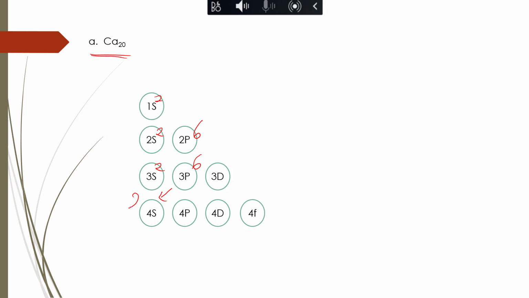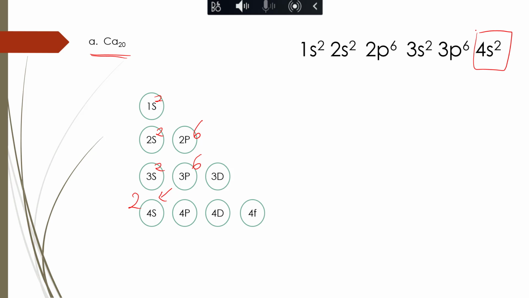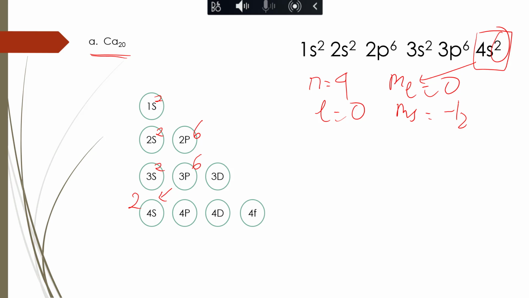Remember the arrow, it has to follow to 4s, not to 3d, so I put 2 there, and the outermost is 4s2. From this, the quantum numbers are n equal to 4, l equal to 0, and ml is 0, while ms is different from before because it's a pair, so it will have negative half or positive half.